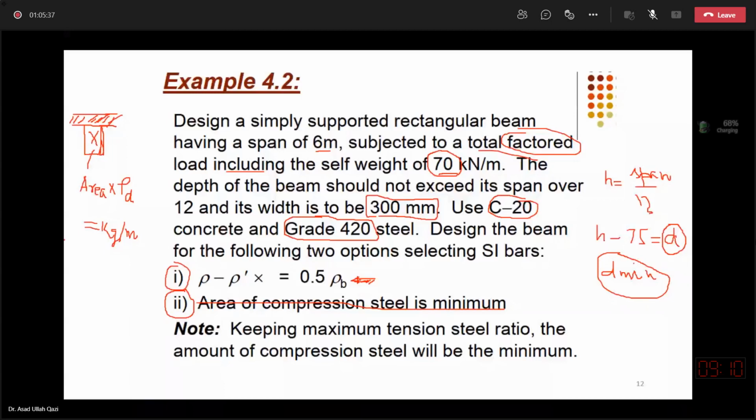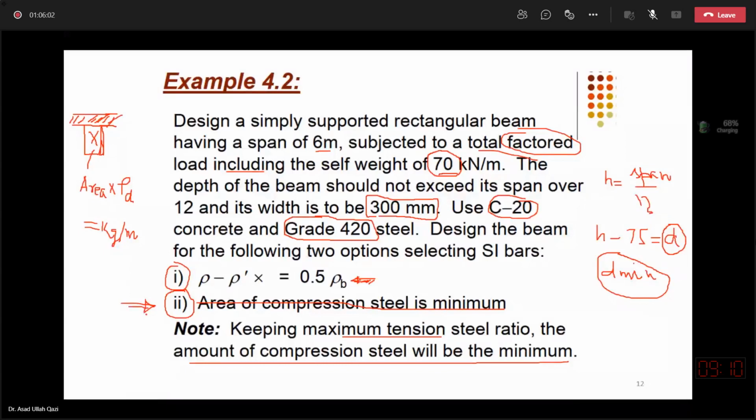Now, note, keeping the maximum tension steel ratio, rho max, the amount of compression steel will be minimum. As I said earlier, this condition will be fulfilled automatically with the flow chart which I have discussed.